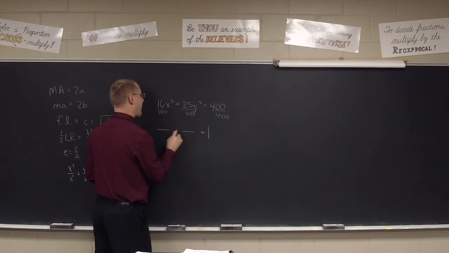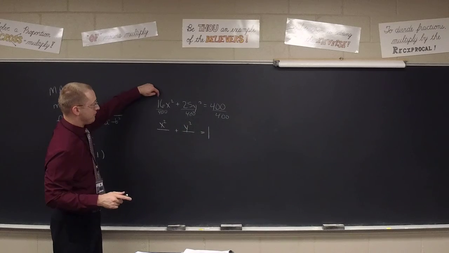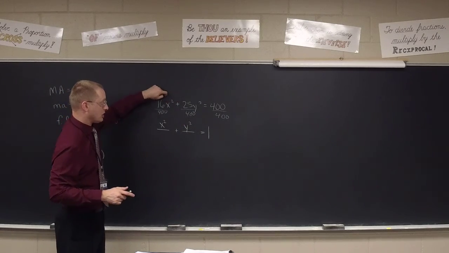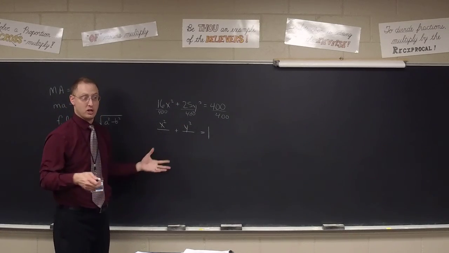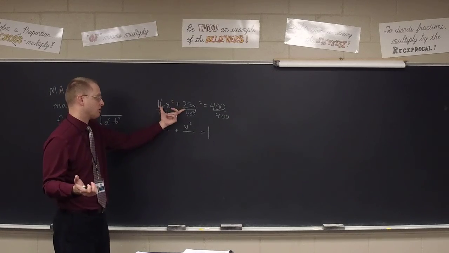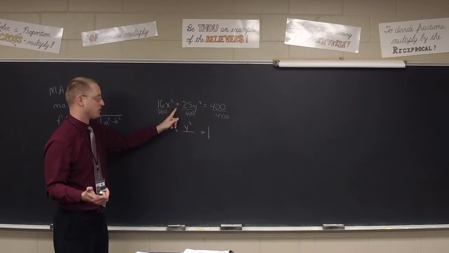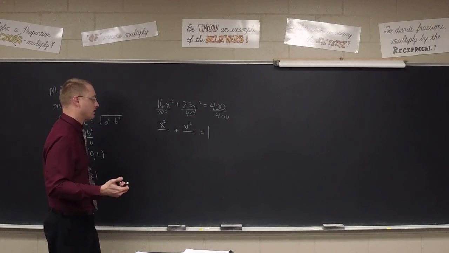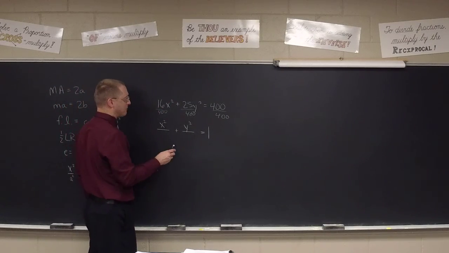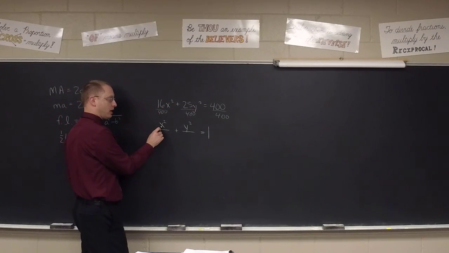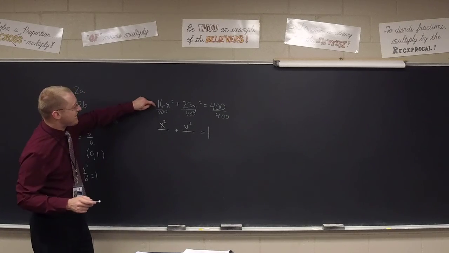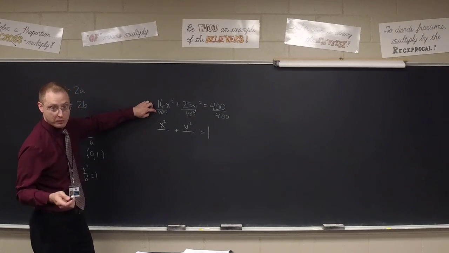Next of all, though, I've got to have the x squared and the y squared by themselves. Now, again, the fact that I have different numbers to begin with tells me I'm going to end up with different numbers down here, which tells me it's not a circle, right? Matching numbers, circle. Differing numbers with the sum between the x and y squareds, we end up with the ellipse. But I've got to have just a plain old x squared, which means even if I can't divide a 16 out, I have to anyway.